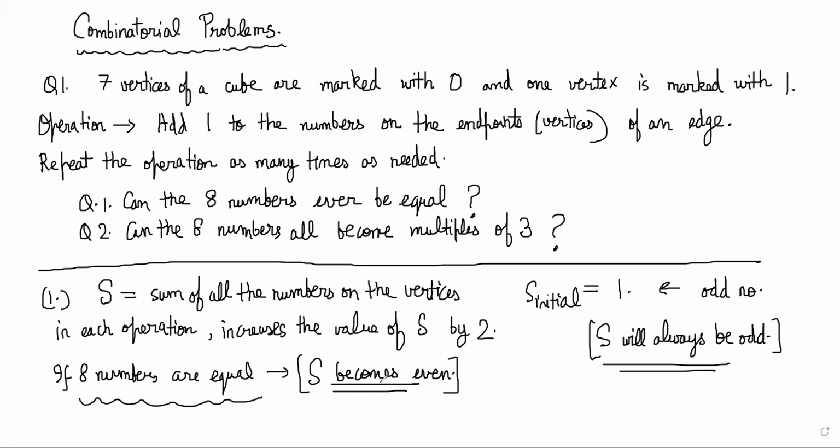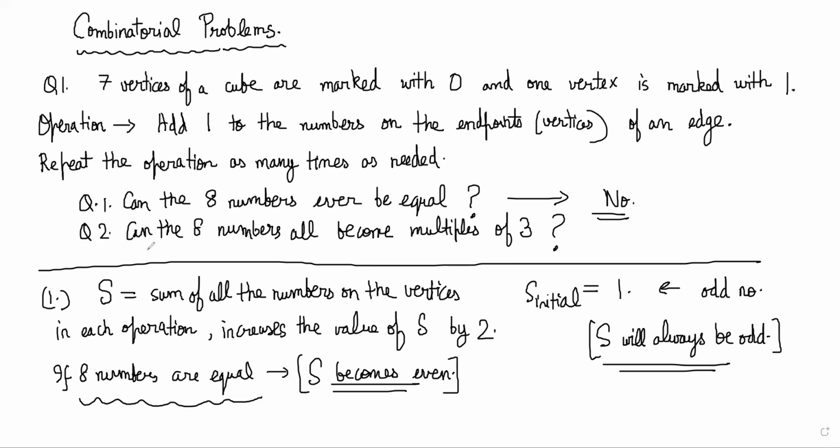Basically that is impossible. So we can say that the answer for this first part is no. The simple method that we used was the parity of the sum of all the numbers on the vertices of the cube, which was odd, and after every operation it stayed odd. It cannot become even. Therefore, the first part is not possible, right?